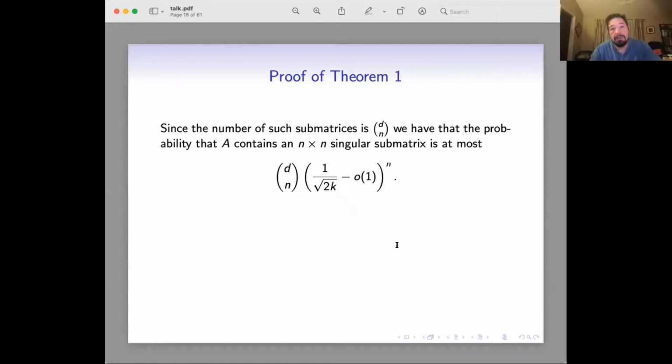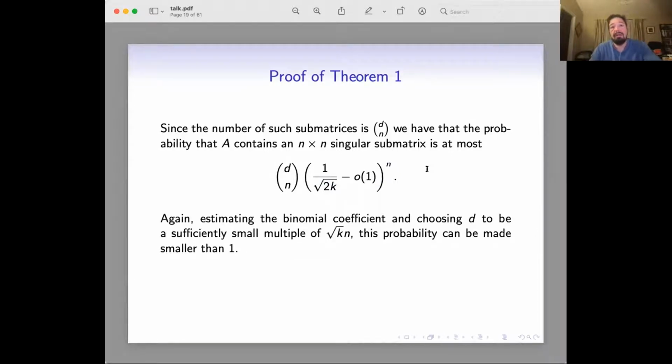Okay, so again, the total number of submatrices is D choose n, use union bound. So the probability that there is at least one singular submatrix is at most the binomial coefficient times this probability.